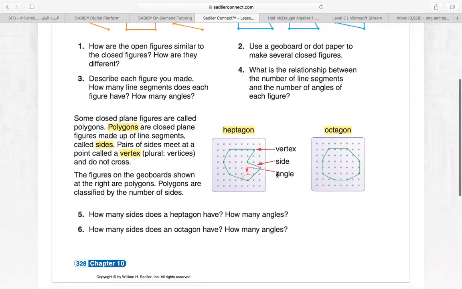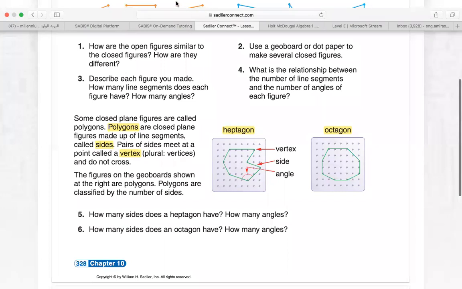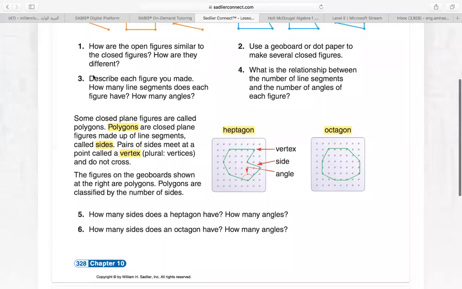Girls, look at the two shapes at the right, the heptagon and octagon. How many sides? Let's count. Let me annotate so I can easily count. 1, 2, 3, 4, 5, 6, 7.